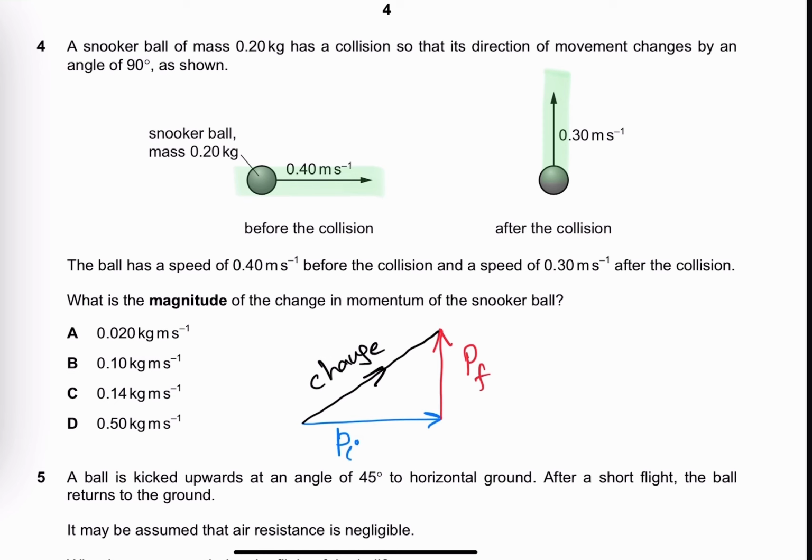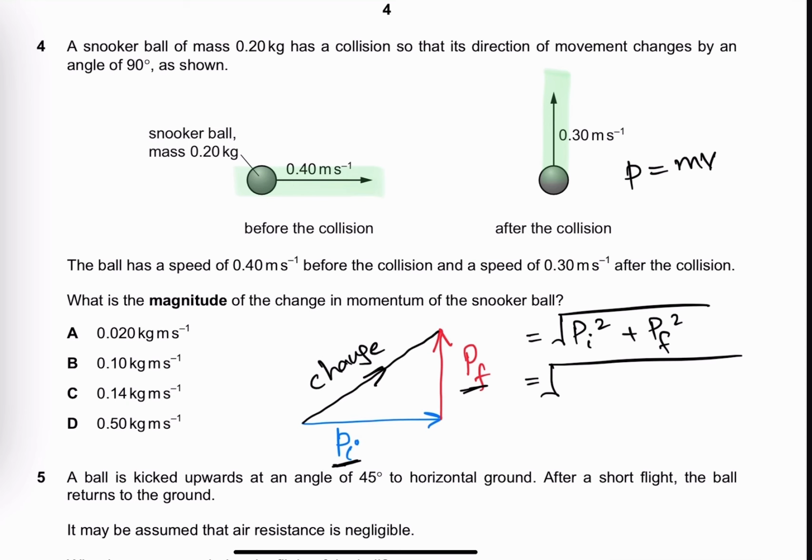We can find the magnitude. It simply equals the square root of momentum in the x axis squared plus momentum in the y axis squared. So it will be equal to the square root of pi square plus pf square. Momentum is basically mass into velocity.